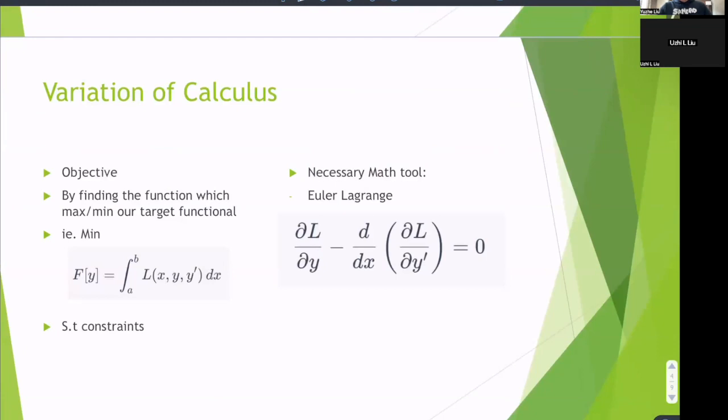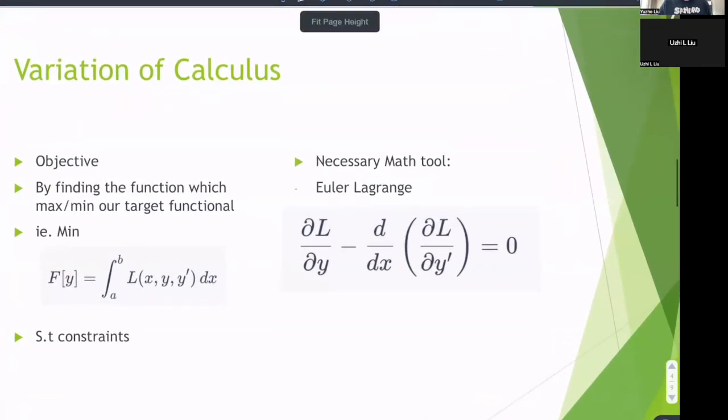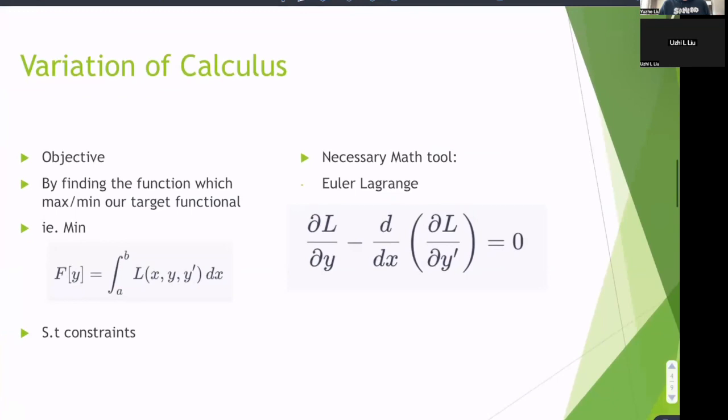So our minimizer should be a function, not a point. Here we're dealing with an extremal problem where we minimize a functional subject to a constraint. The constraint will be given in the questions.